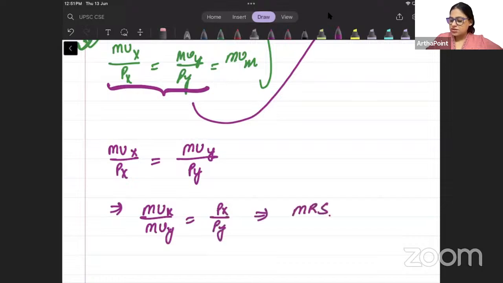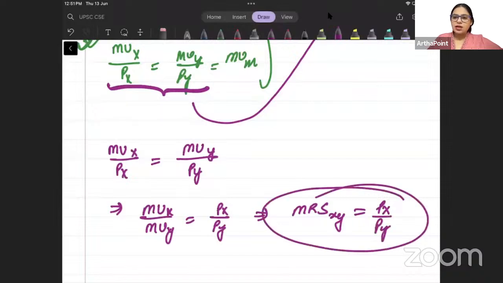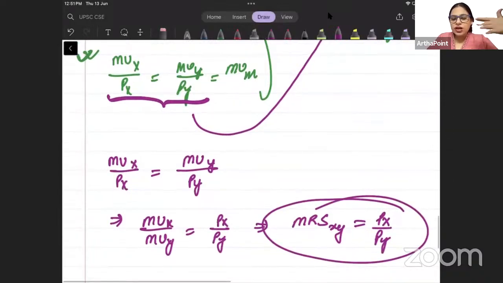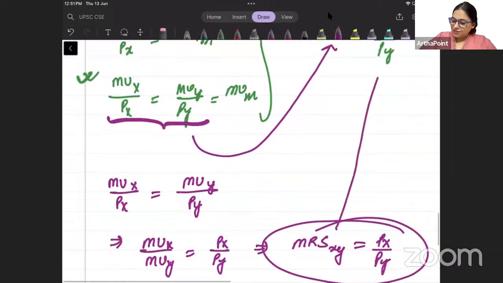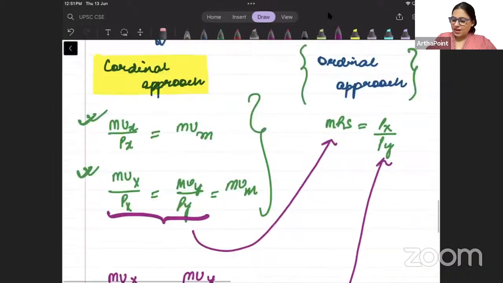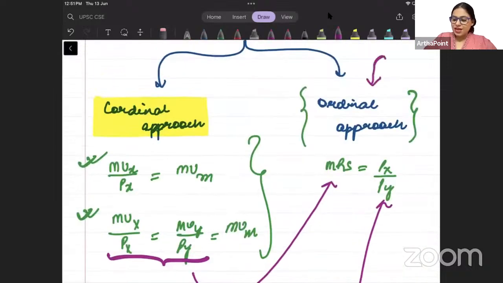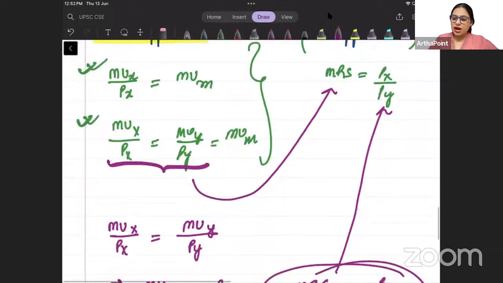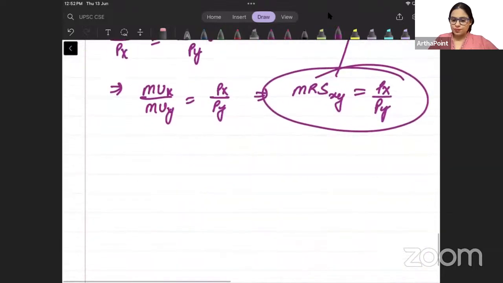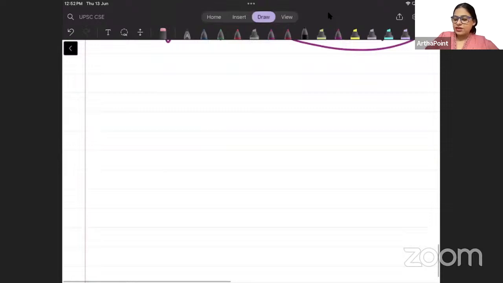So MRS equal to PX by PY. So somehow economists learn from each other, right? While developing the theory of ordinality and consumer equilibrium, in the background, we have learned a lot from the cardinal approach also.